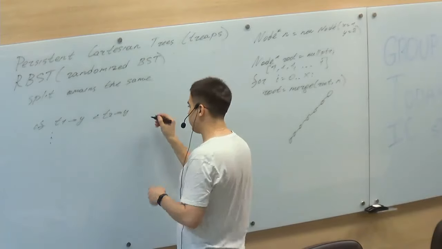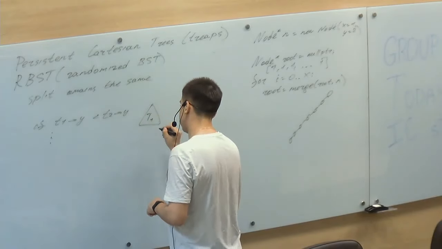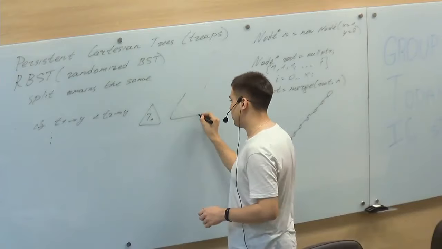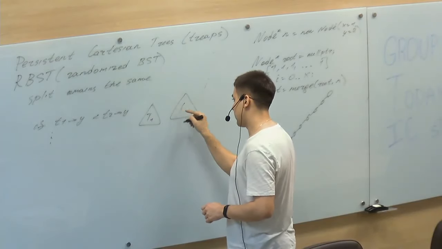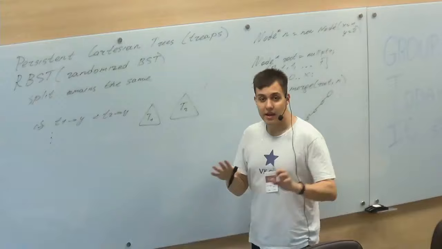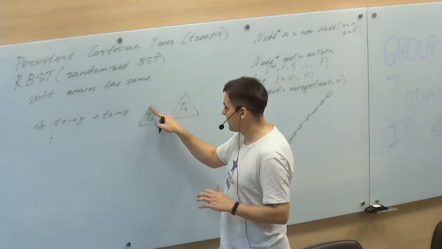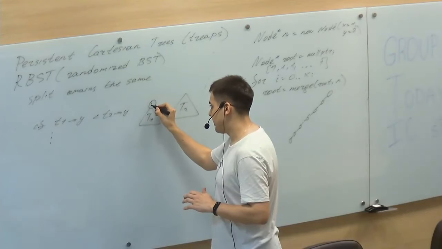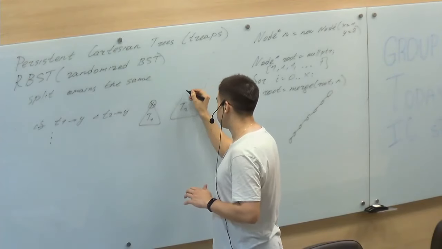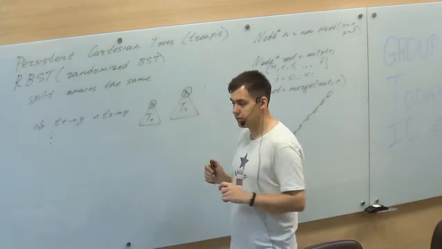So we have T1, a tree, and we have a T2. If all of our priorities were random, what is the probability that this value here, y1, is less than this value here, y2?